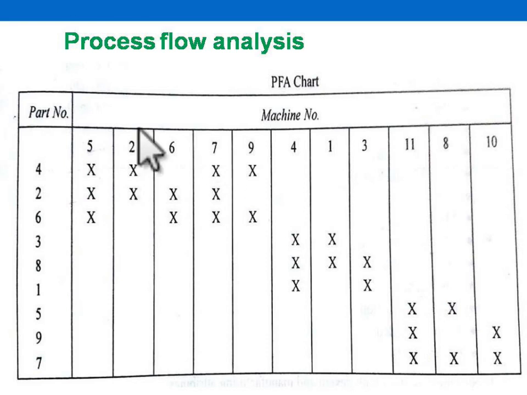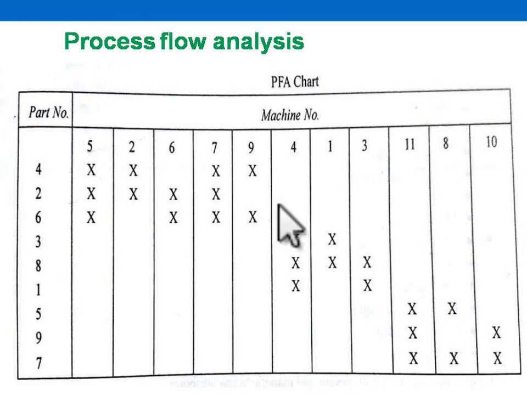In this chart, we put the machine numbers, which machines we have, and then the parts we have to produce. Like for the fourth part number, which machines do we require? Machine number 5, machine number 2, machine number 7 and machine number 9. We don't require 6, 4, 1, 3, 11, 8 and 10. Like in the second part number we require 5, 2, 6, 7.